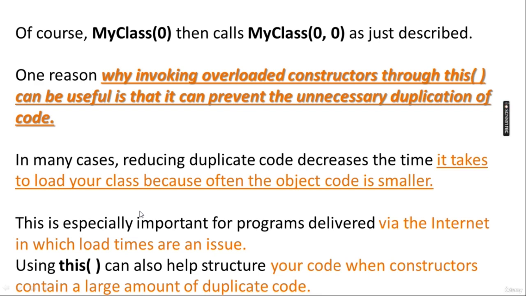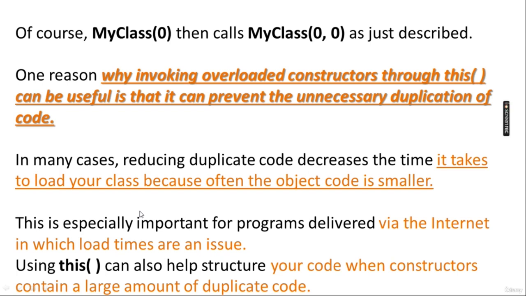Okay, so duplication is not actually required in many cases, and the time required for duplicate code is eliminated using this. This is especially important for programs delivered via the internet, in which load times are an issue. Using this can also help structure your code when constructors contain a large amount of duplicate code.